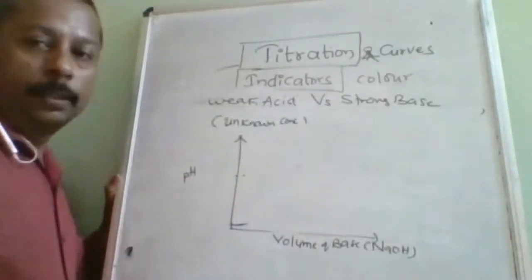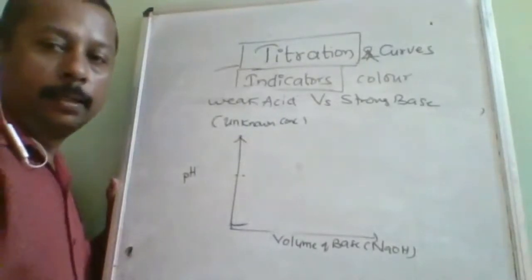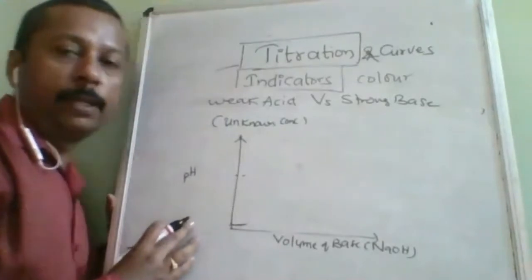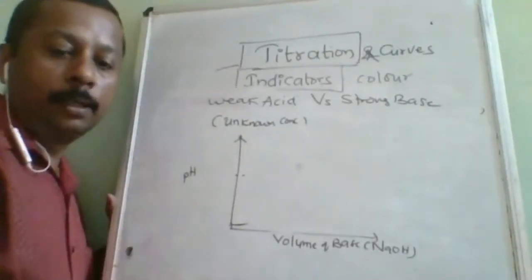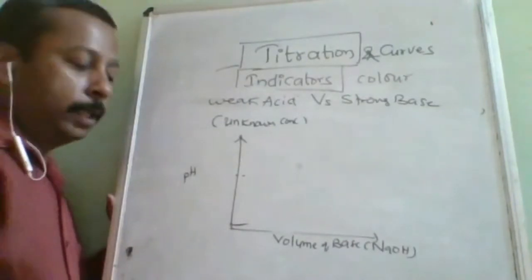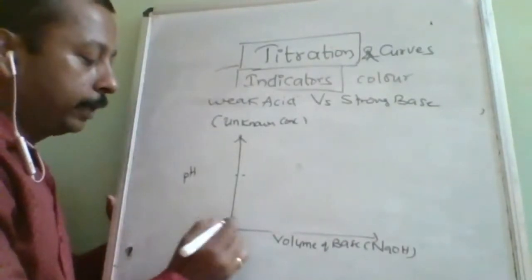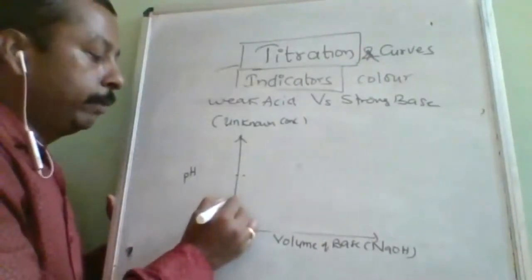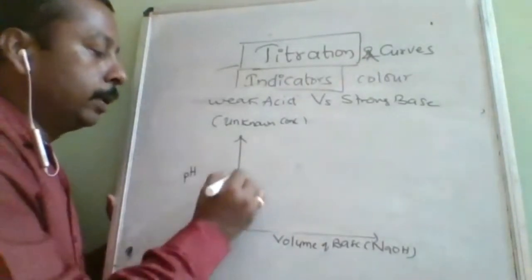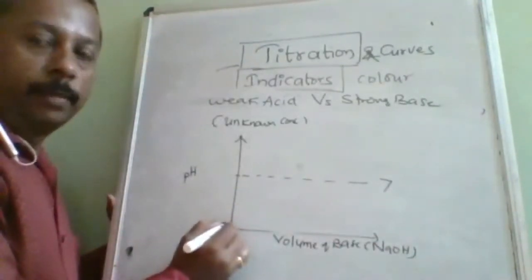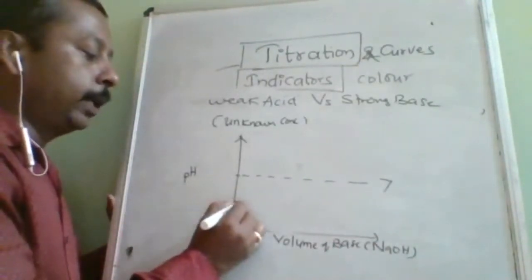I don't know the concentration of the acid, so I will put it in the conical flask and measure the pH of the acid. Once it is an acid, its pH will be less than 7. In the previous graph, the curve started from the very bottom, but here it will be below 7, nearby 7, because it is a weak acid.